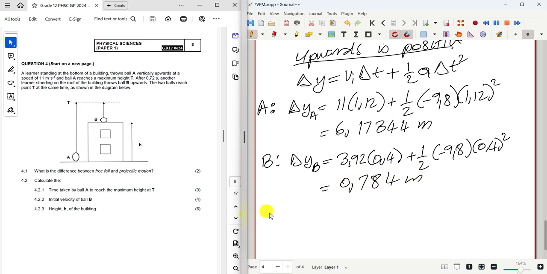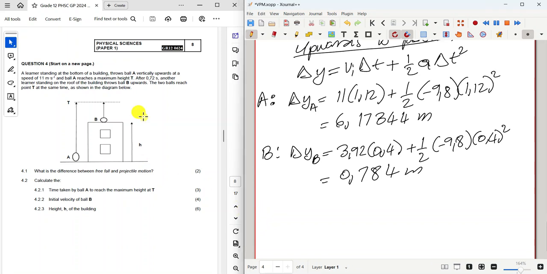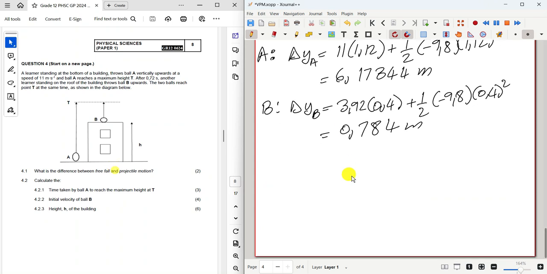Now the question is saying, what is the height? Guys, I want you to see something here. Let me scroll down. So this is point T, which is maximum height.